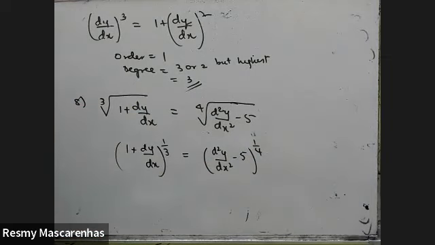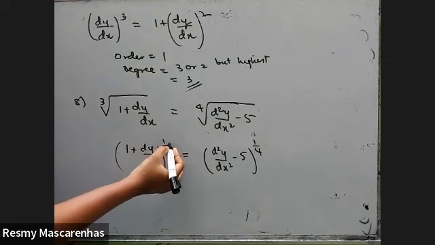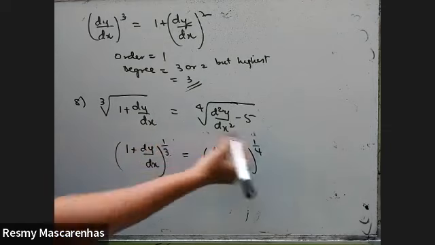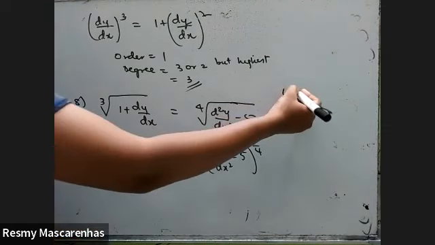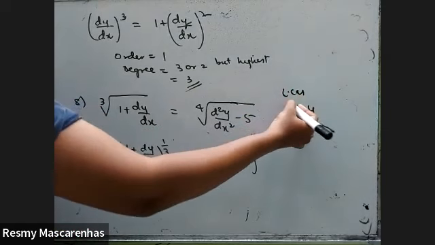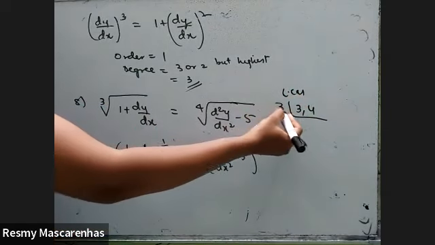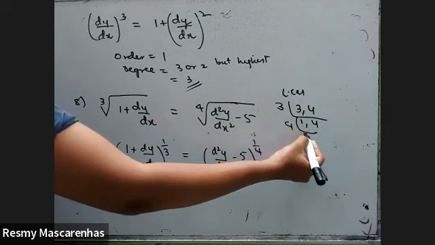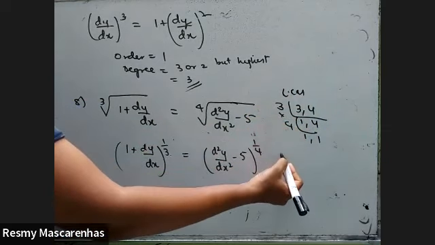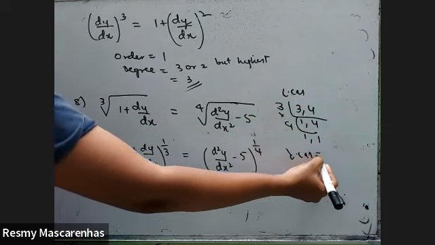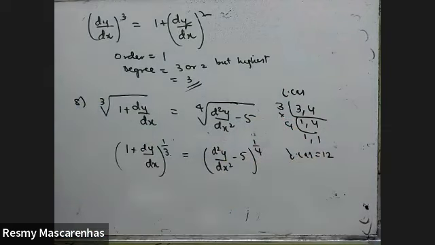Later I will show you the shortcut, but I want to multiply with some power on both the sides which should cancel. So we just take the LCM of 3 and 4, the common number which can go with 3 and 4. So we know that 3 into 4, the LCM, is 12. So we are going to multiply both the sides' power by 12.